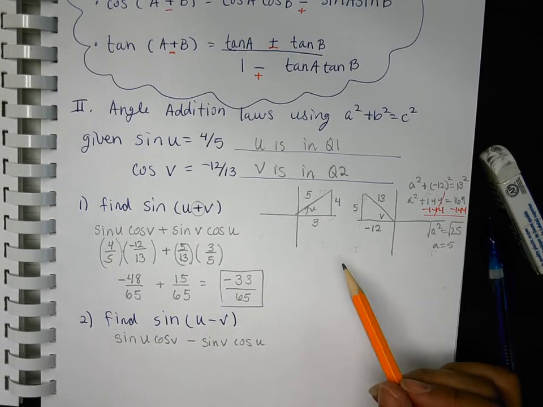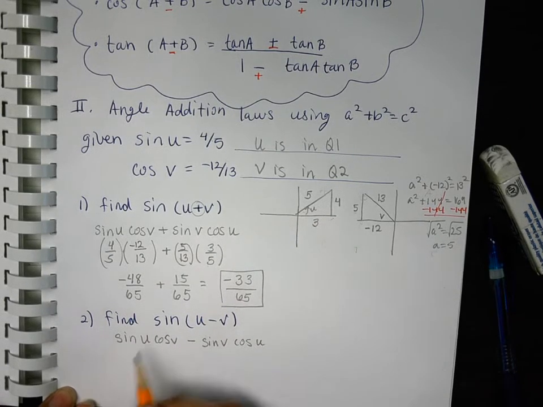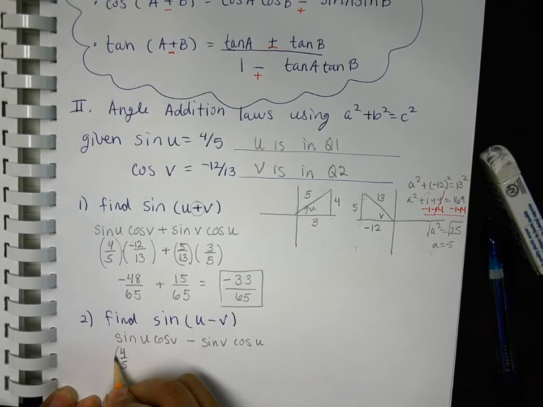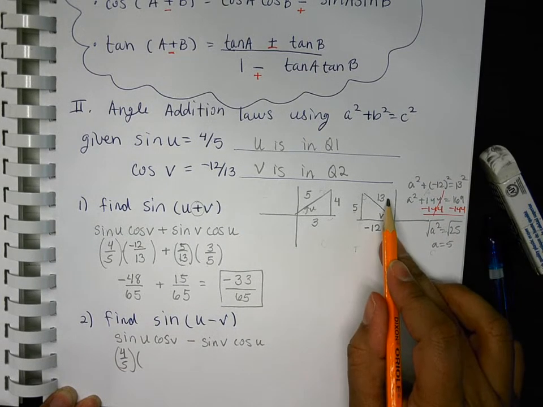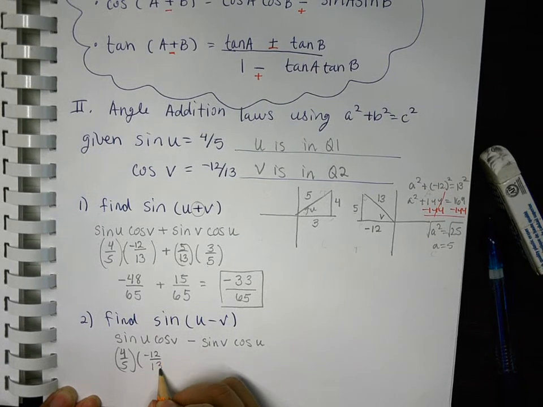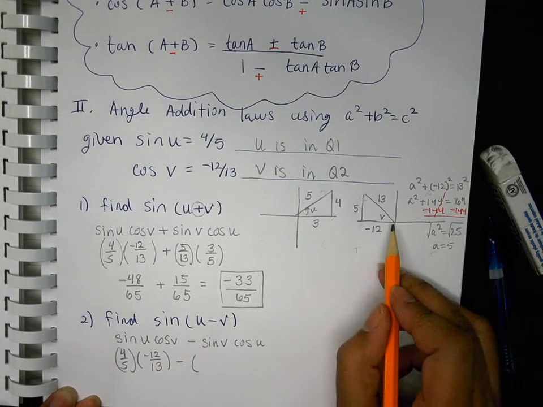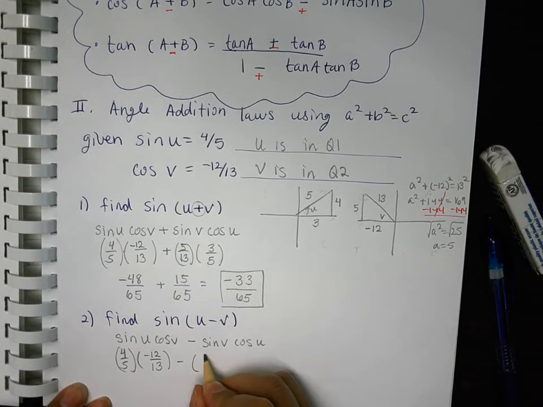All right, so sine of u, what is sine of u? 4 over 5. Cosine of v, what's cosine adjacent over hypotenuse is what? Negative 12 over 13. Take away sine of v, opposite over hypotenuse. What is it?